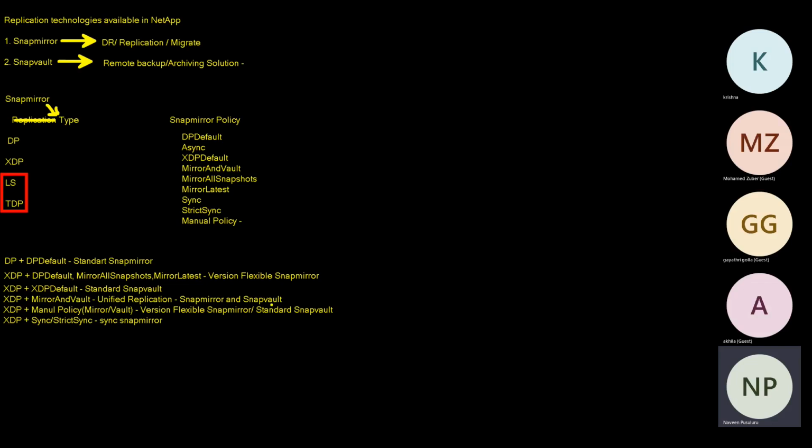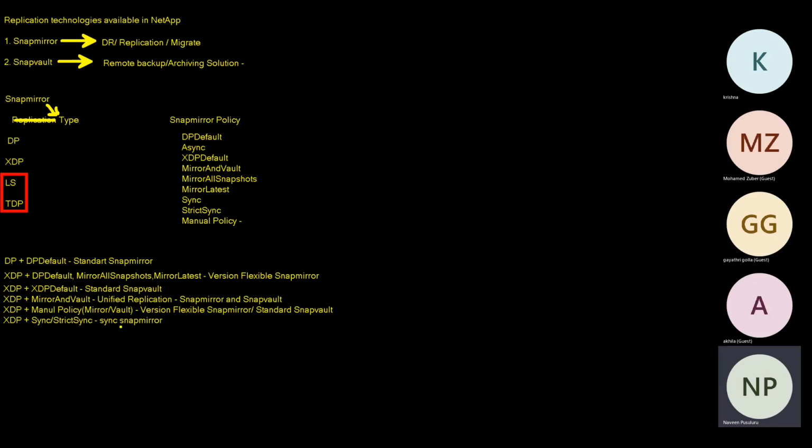Those things will be decided based on the combination you use while creating the replication, like SnapMirror type and SnapMirror policy. Standard SnapMirror and version flexible SnapMirror, these two are asynchronous SnapMirrors only. If you use a sync or strict sync policy, then only it will become synchronous SnapMirror.